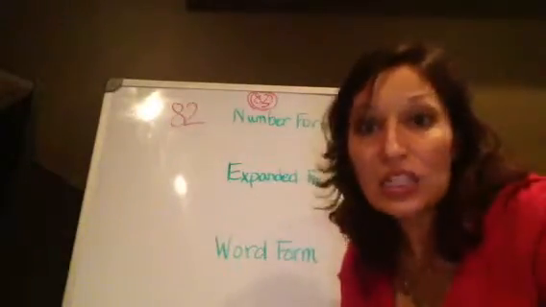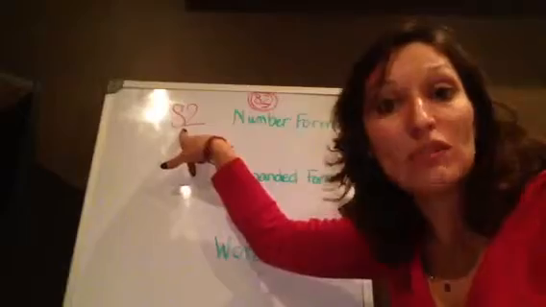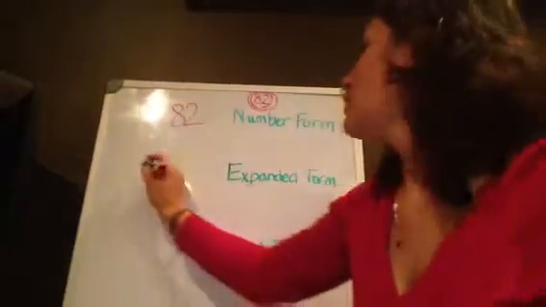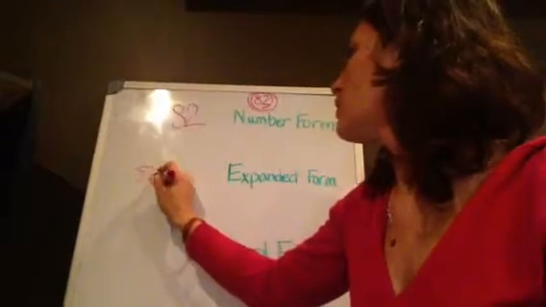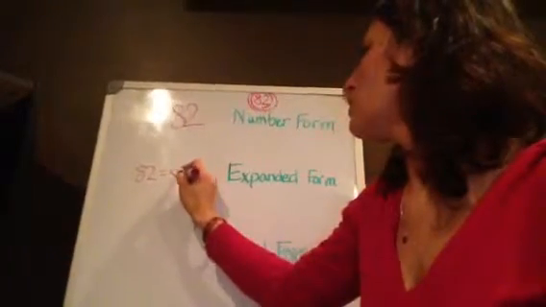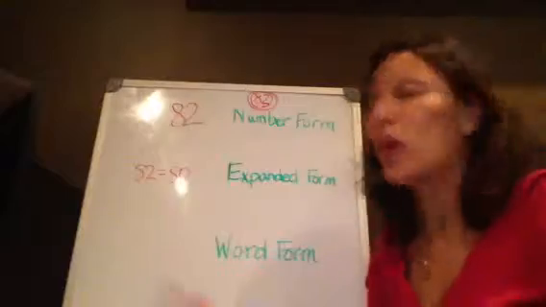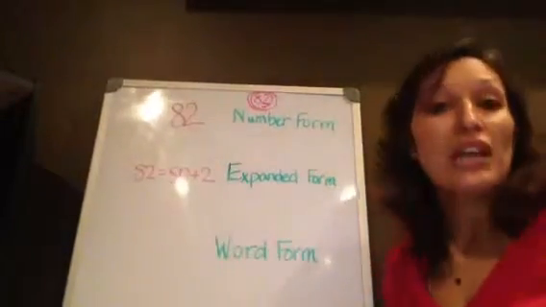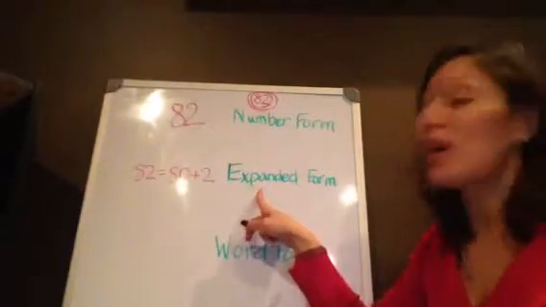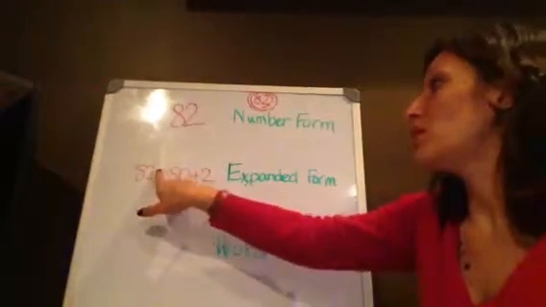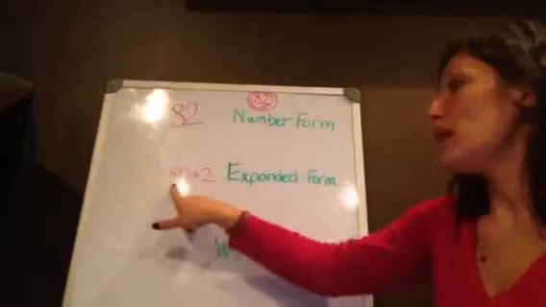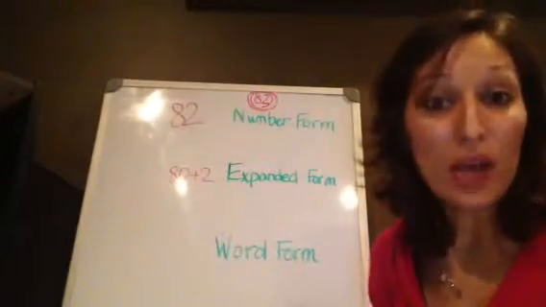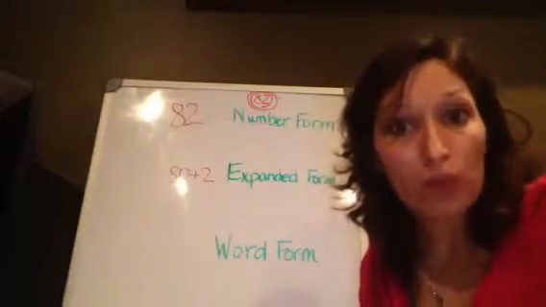So when I look at that 82, I know that 82 is made of 8 tens, which is equal to 80, and 2 ones. This is the expanded form of the number 82. 80 plus 2.